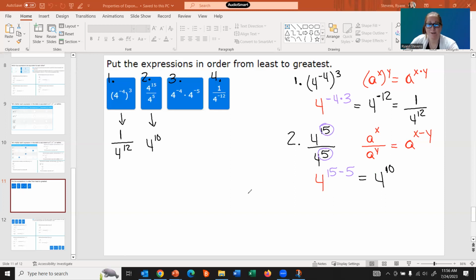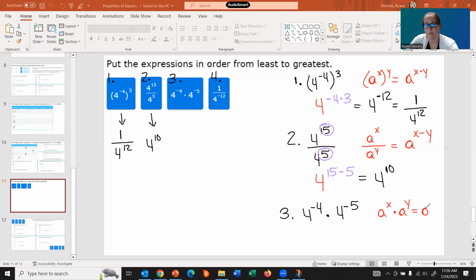All right, and then expression number 3, do this one over here. We've got 4 to the negative 4th power times 4 to the negative 5th power. And so when we look at our laws of exponents, this is going to be the multiplying powers property, where we have our base, we have our exponents, we're multiplying these together.